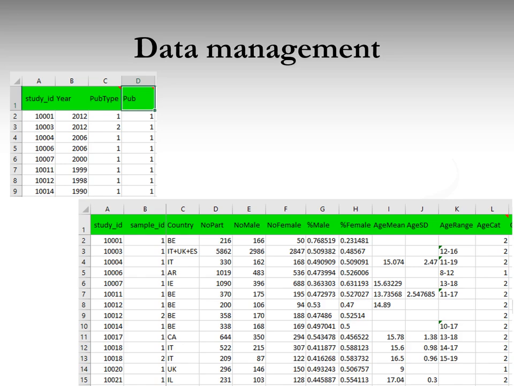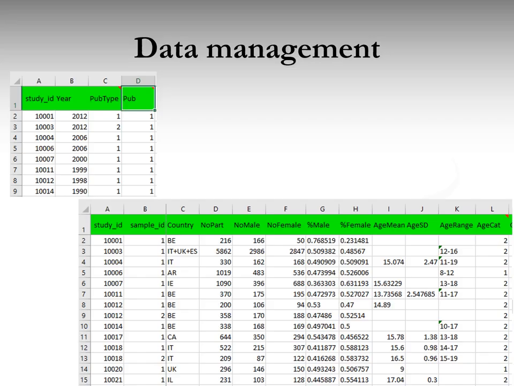After you have filled in these coding forms, it is probably a good idea to use a spreadsheet program like Excel to bring together all these data, so that afterwards you can analyze them in a statistical program or in a program specifically for meta-analysis.